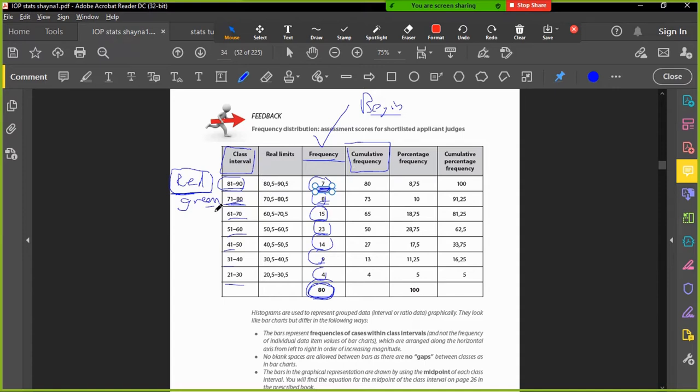Do you start at 90 or do you start at 0? I thought cumulative was starting from the frequency. No, cumulative is at the bottom. It's from the start. 21 is the start. Oh, okay, so let's start at the bottom.